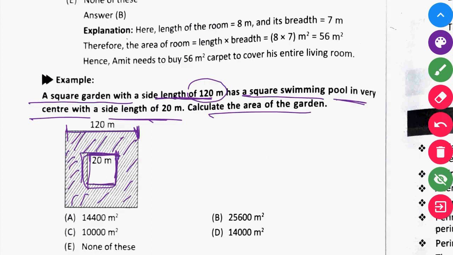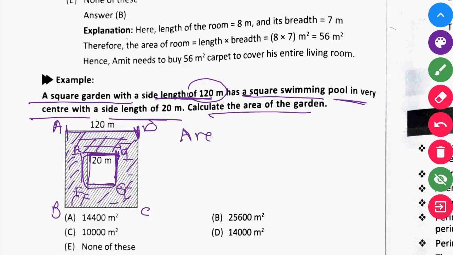So we have to calculate the area of this marked portion. How will we calculate it? Suppose we name this square ABCD, and the inner one EFGH. We have to subtract the area of EFGH from ABCD.